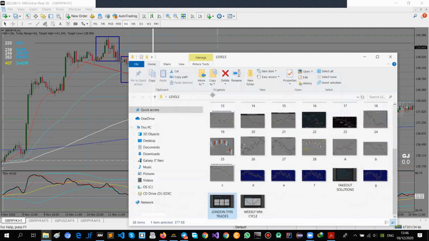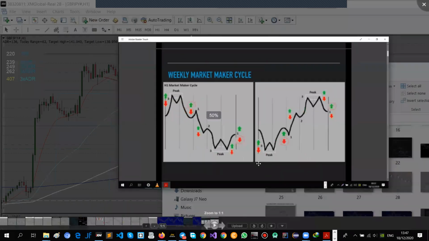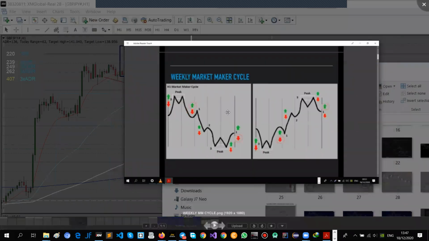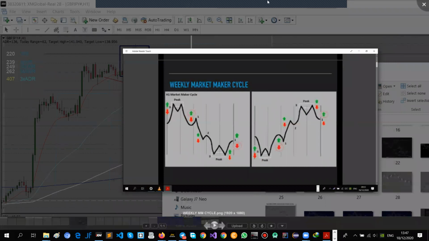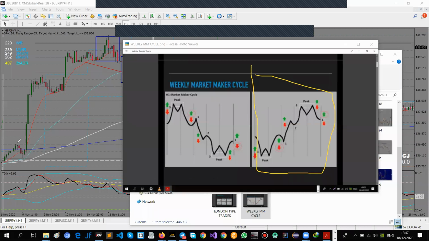As you can see here, for this one, isn't this part here the same with this part? It's really perfect, right? Because we have our levels here.